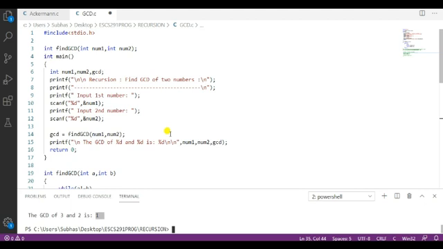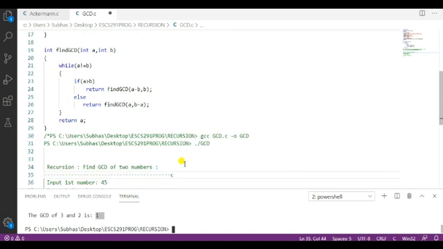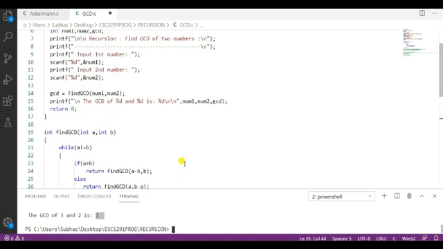So if you want to calculate the GCD of two numbers by using recursion, this is a very important example. You go through the example and tutorial also. You can get so many other examples in my tutorial, because I have already given 9 to 10 examples with pictorial representation: factorial of a number, GCD, LCM of two numbers, Fibonacci series.